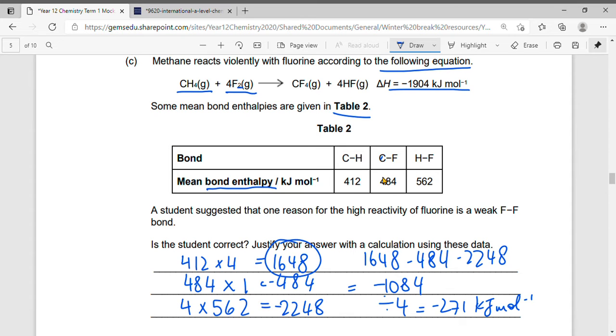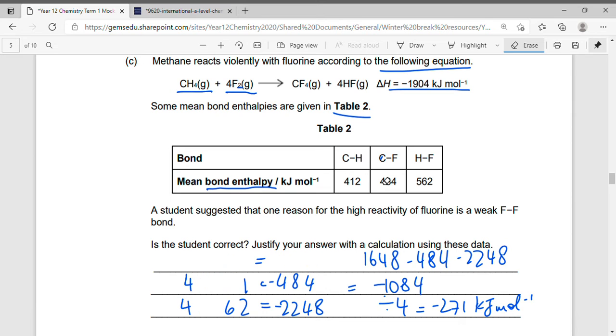Let's try 4 instead. Oh. Did I forget minus 4? Okay. Maybe I need a positive value for this.